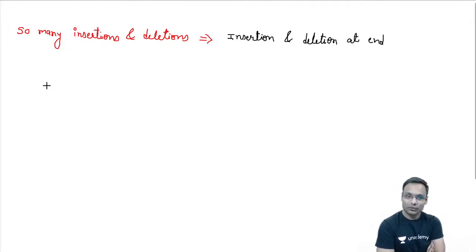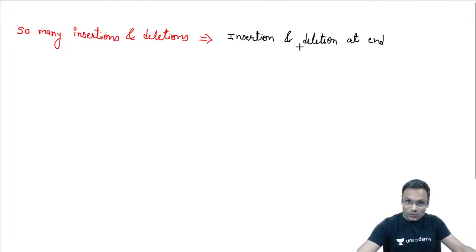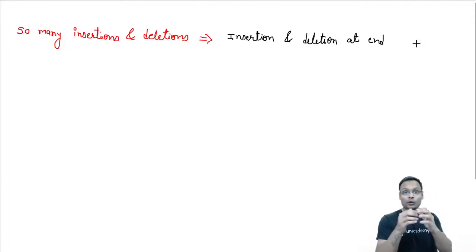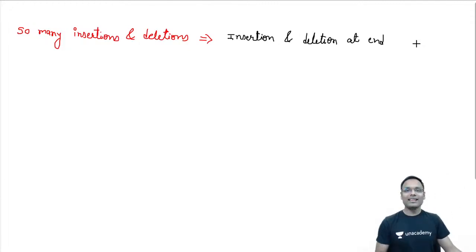So in that case, if you want to maintain the array sorted and you have to insert a new element or delete some element, then you cannot prefer this one. So if you have so many insertions and deletions, you may go for insertion and deletion at the end preferably. If you have some pattern in the array, you will have to insert the element based on this pattern only, then in that case you will have to use the other method based on the index.